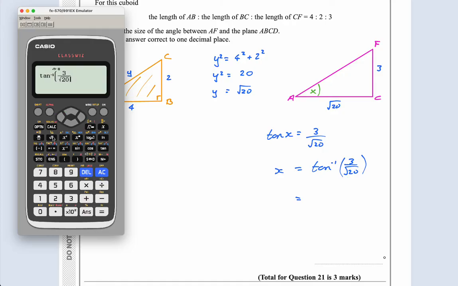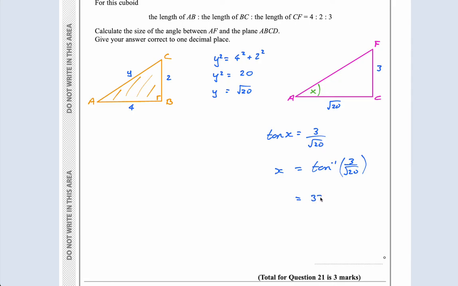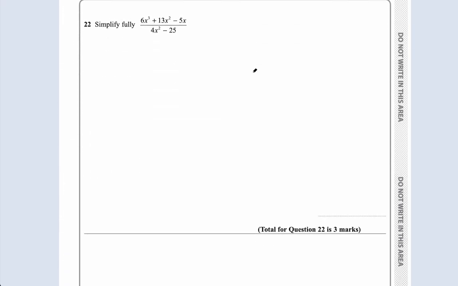This is 33.85. He wants it to 1 decimal place, so 33.9 degrees.